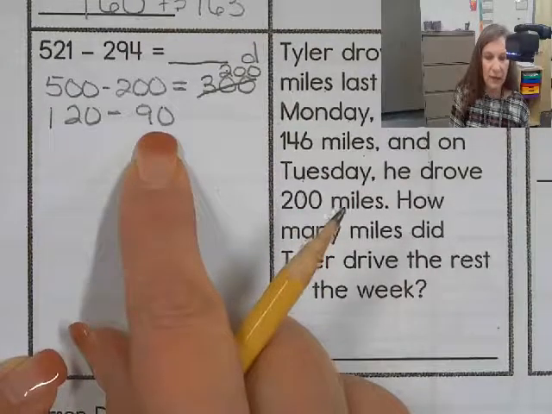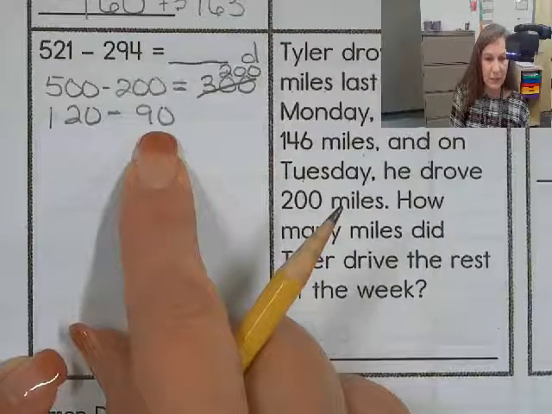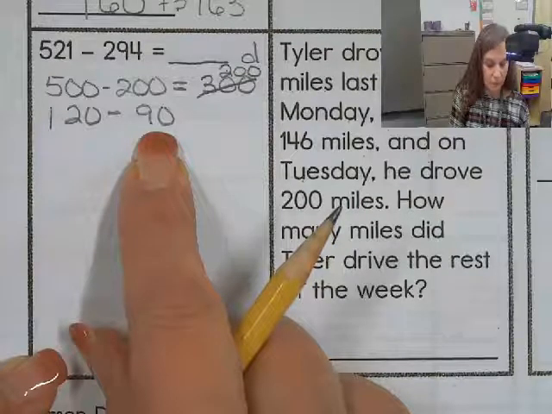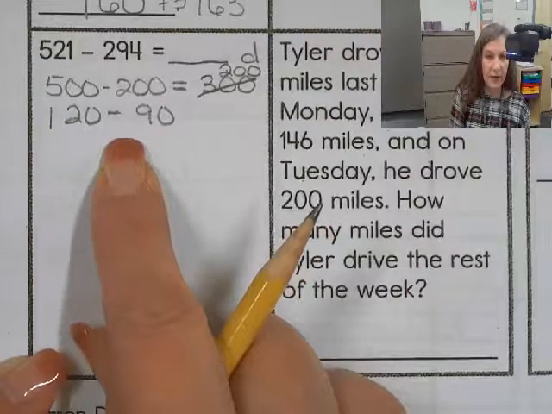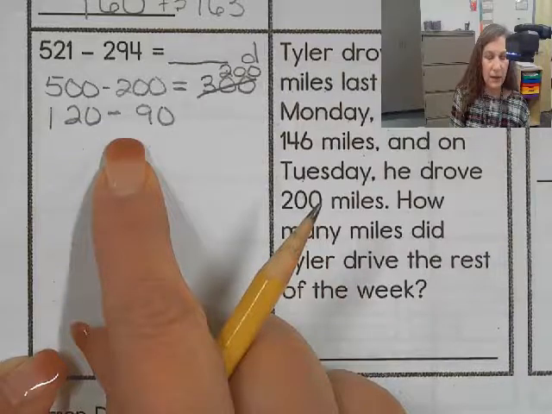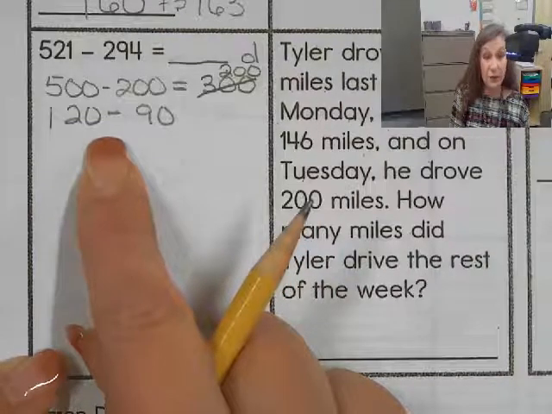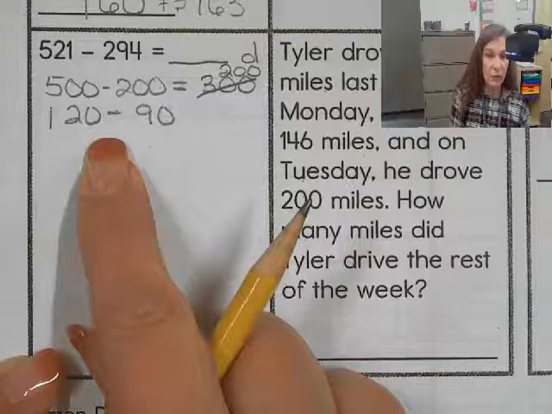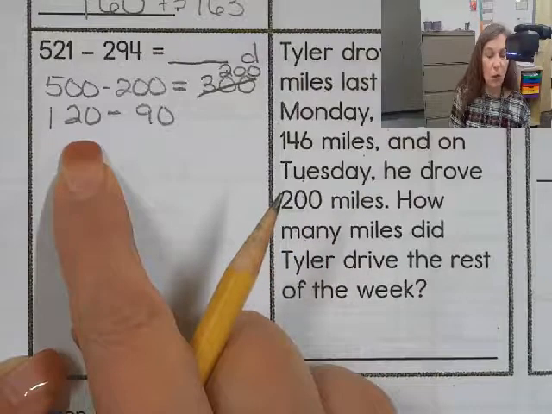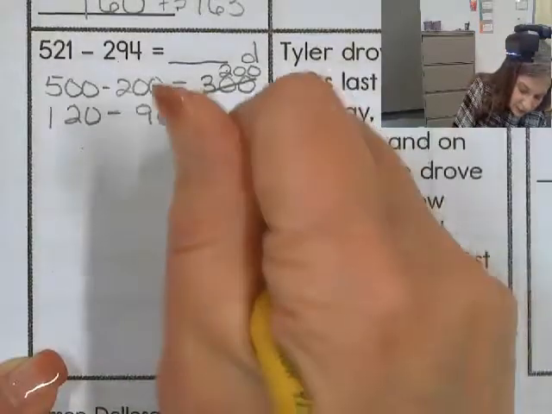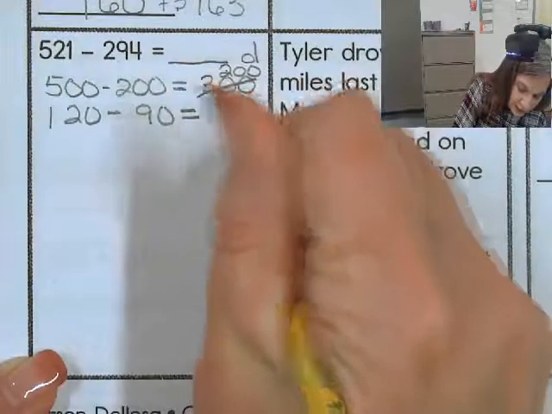What comes after 90 by tens? Right, 100, and then another 10 would be 110, so that's 2 tens, and another 10 would be 120. So I have a difference of 30, or 3 tens here.